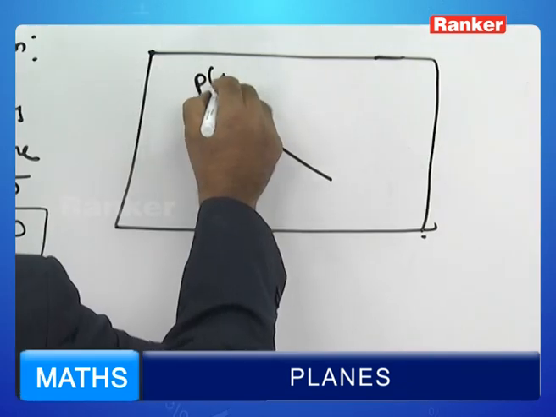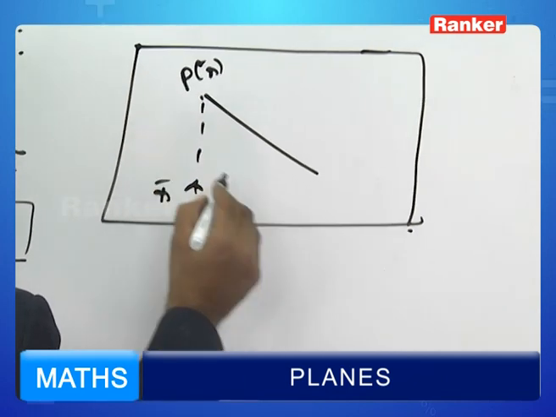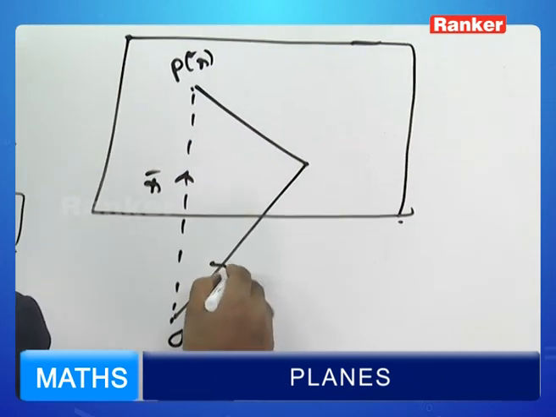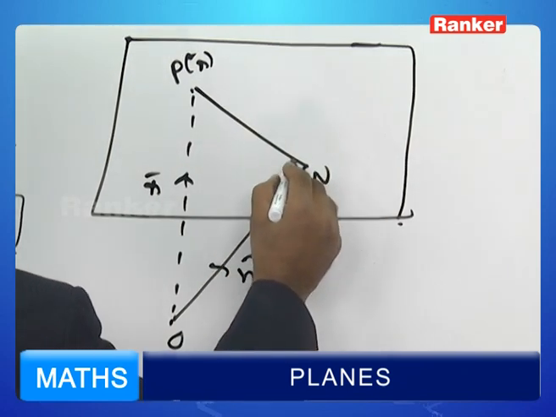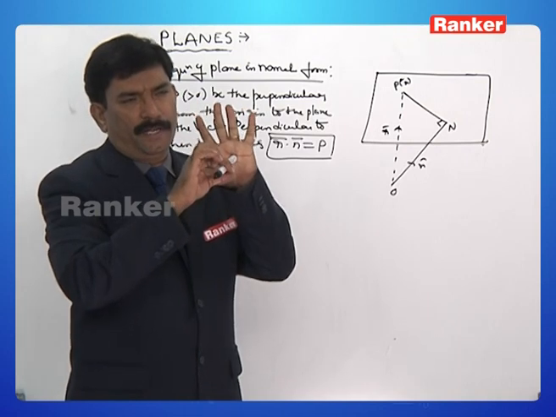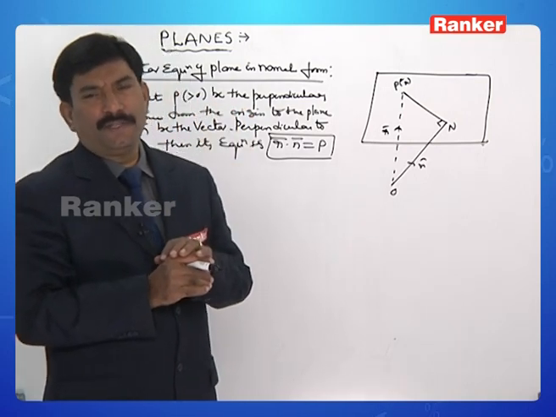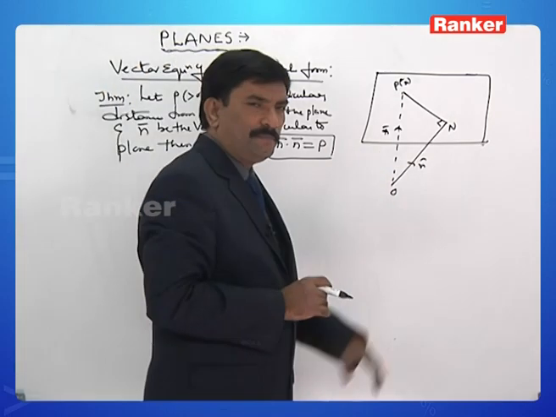P of r bar is the point or position vector of that point, and this is a unit vector perpendicular to the plane. Let it meet at this point N.